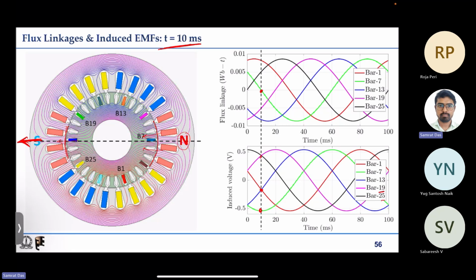So the induction machine needs an active source in the stator also for it to start, and then the prime mover has to take it beyond the synchronous speed, and then it will start generating.